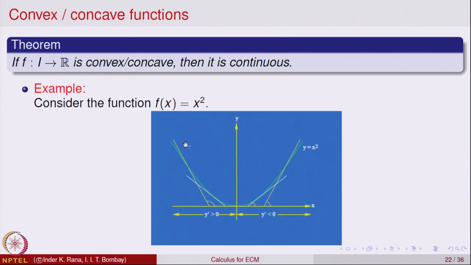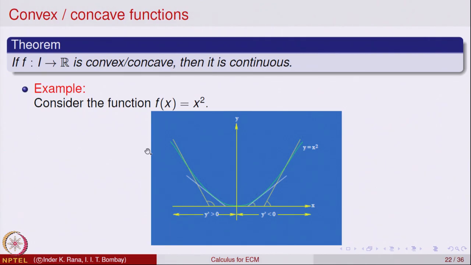So, let us look at one more example to understand what we are saying now. Let us look at the example f of x equal to x square. We know the graph of this is a parabola. It is like a cup kept on a table, not an inverted cup, an open cup.